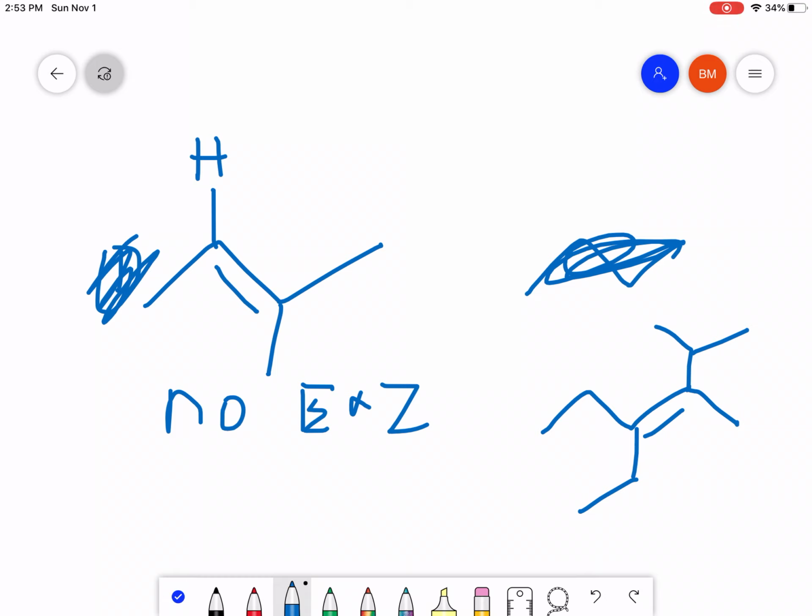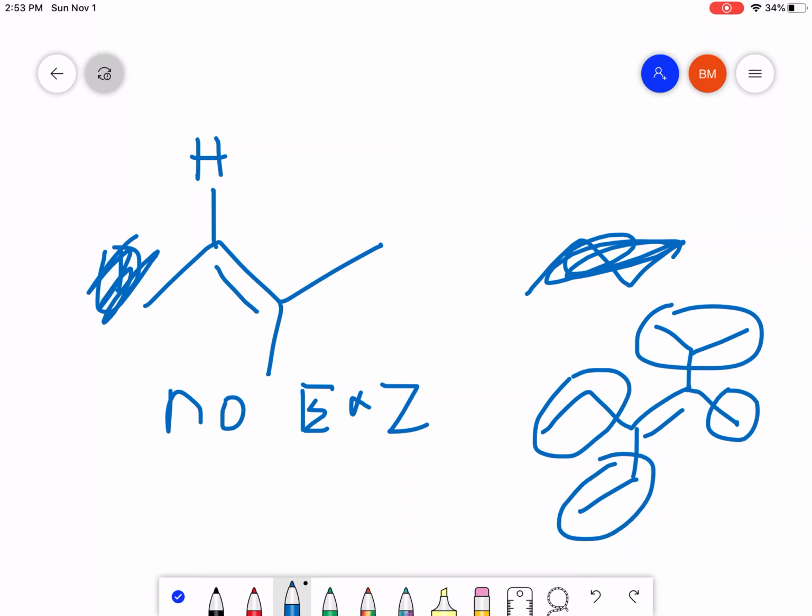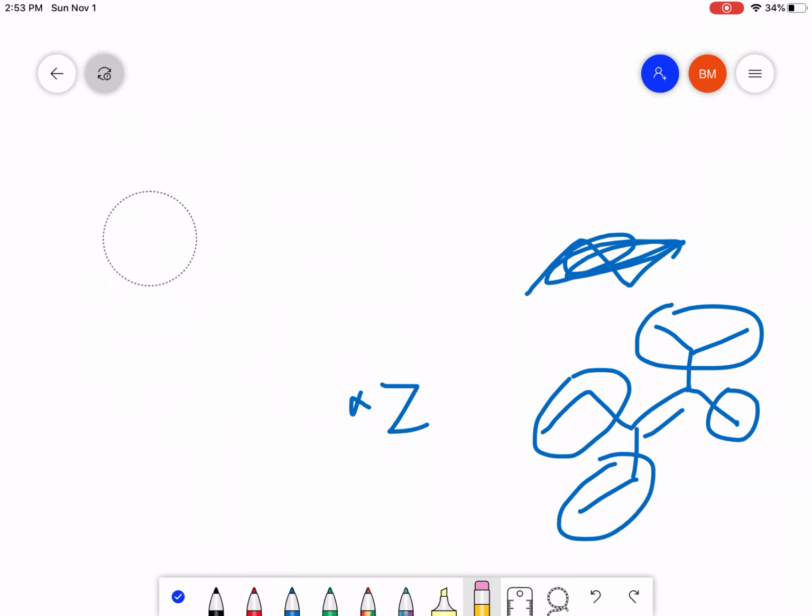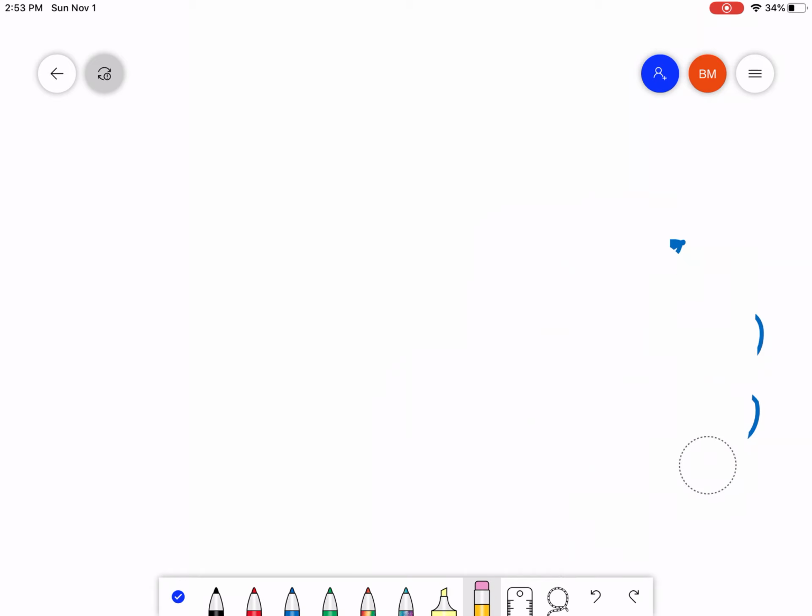We have an isopropyl group here, a methyl group here. However, on this side, again, we have two ethyl groups. So neither one of these can ever take priority. So this is a case where this would just be it. If you took these two ethyl groups and swapped them out with each other, you still get the same arrangement, right? So in that case, you don't get any stereoisomerism.